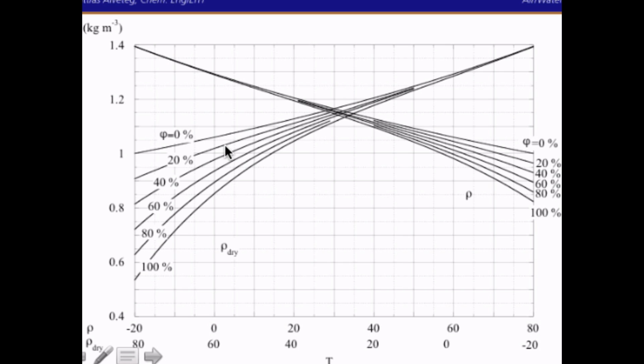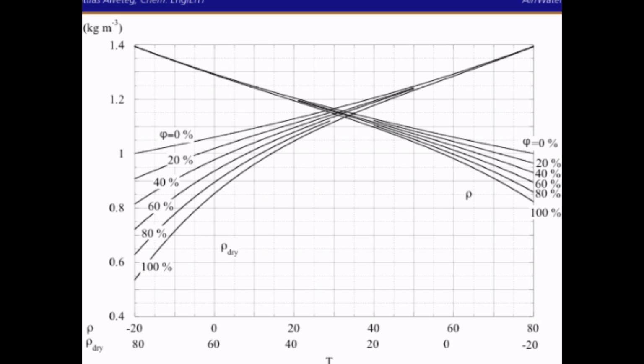And as you can see, you get different densities depending on what kind of moisture you have, what kind of relative humidity you have. It might be noted here that if you have no water, then the lines are actually identical. But if you have 100% water, you get quite a large difference.